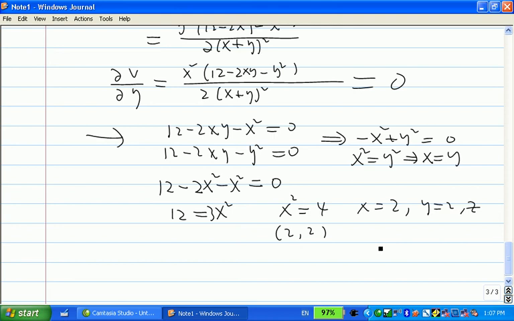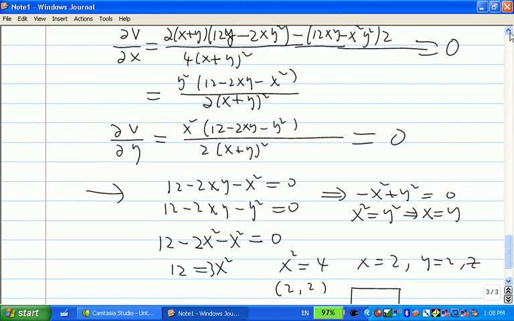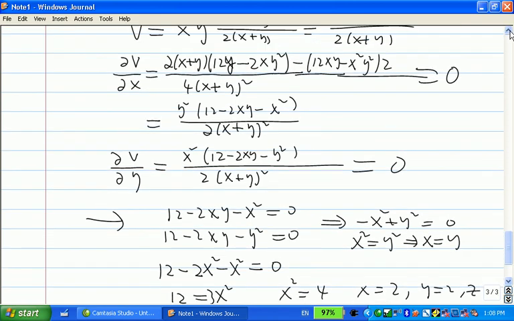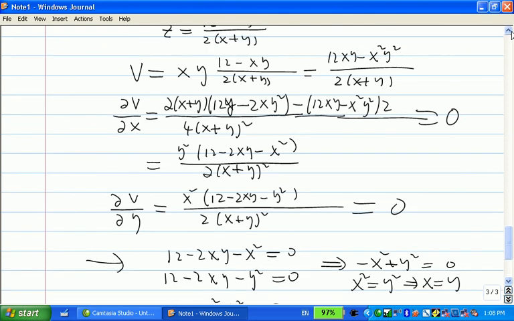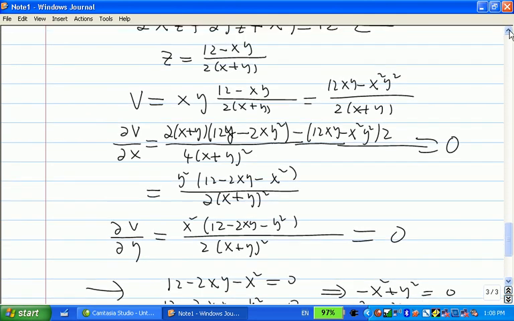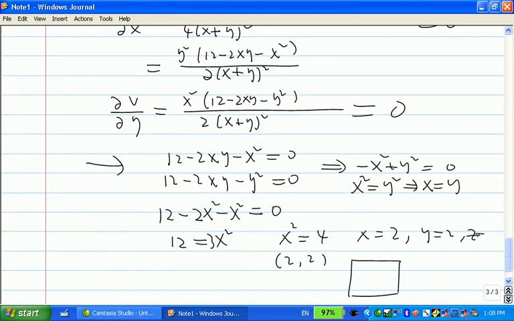Once you know x and y, you can plug in and find z. How do you find z? Remember, our z equals 12 minus 2xy divided by 2x plus y. Use that formula and you'll see z equals 1.